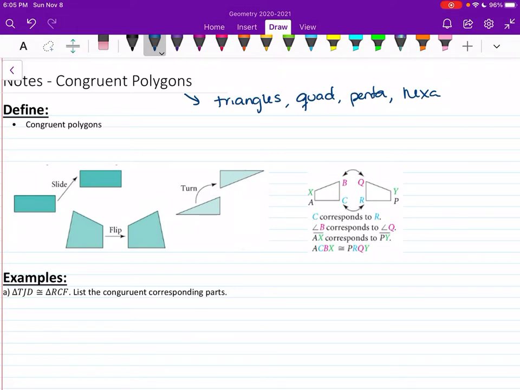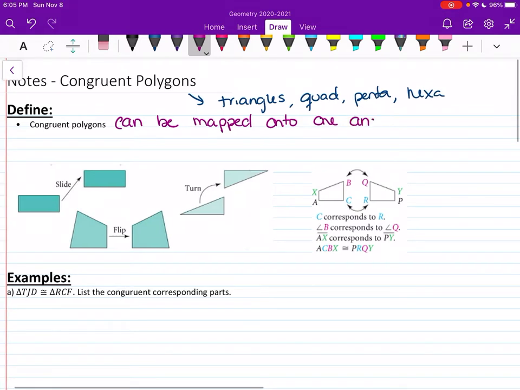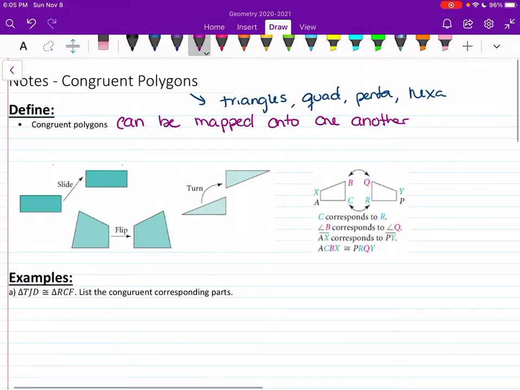So when we talk about congruent polygons, how do we know two polygons are congruent to each other? Congruent polygons can be mapped onto one another by a sequence of rigid transformations.